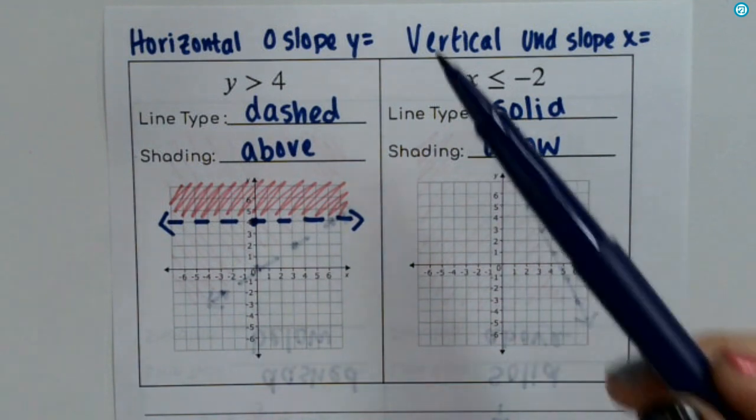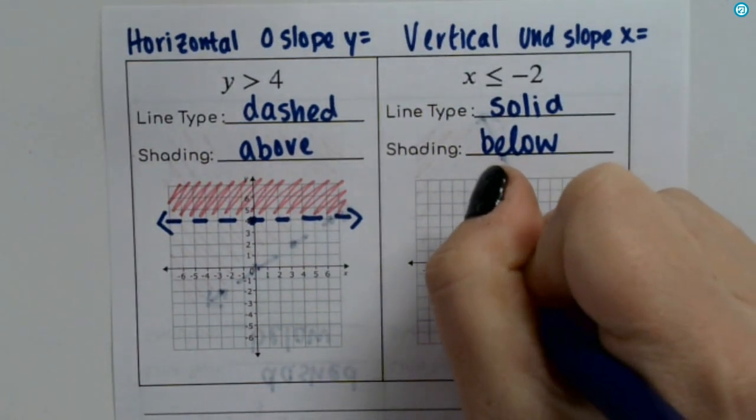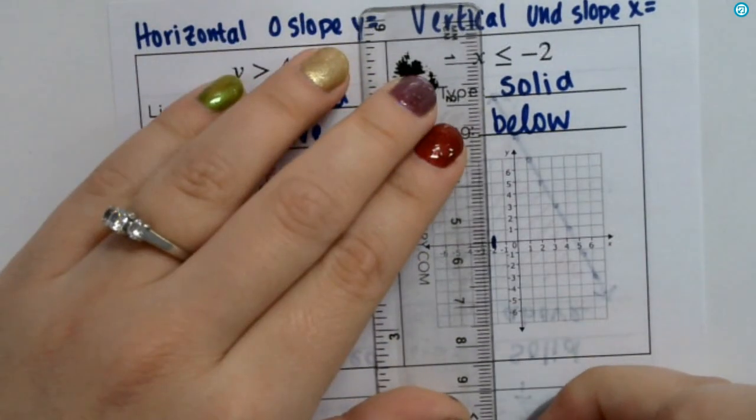So I'm doing a vertical solid line at -2. So this is -2 right here. That's where I'm going to make my vertical solid line.